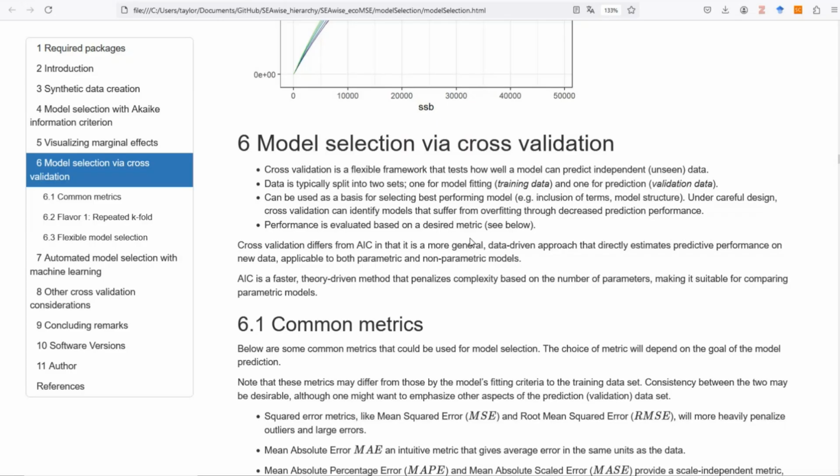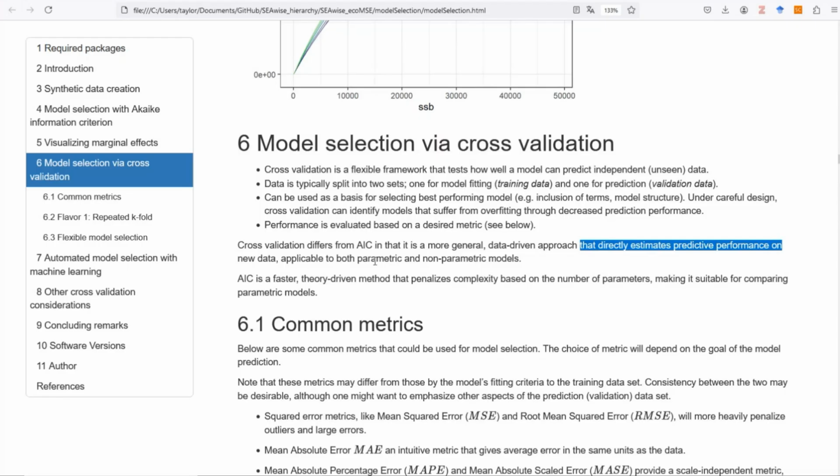So let's say you want it to be a mixture of root mean squared error and maybe some envelope of values that is deemed acceptable for the outcome. You can basically design it as you want. So it differs a little bit from AIC in that it's more general and it's data driven, and it directly estimates predictive performance on new data.